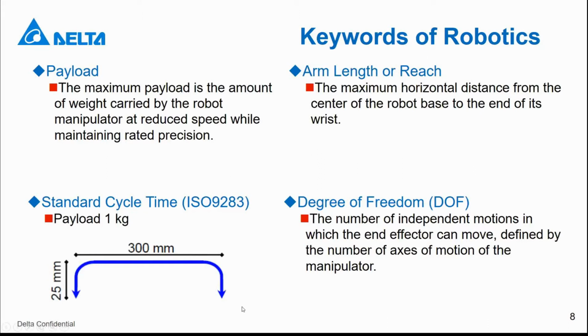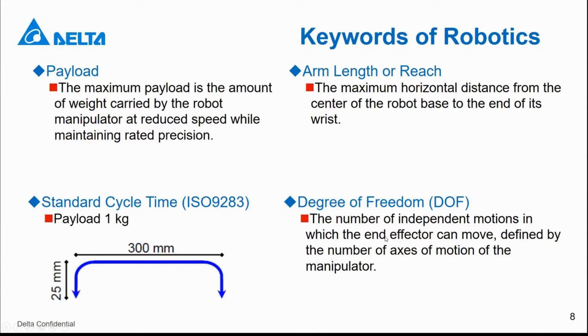This is one cycle, and the payload used for the test is usually 1 kilogram. How fast the robot moves along this path becomes the standard cycle time. With the standard cycle time, you will know the speed of the robot.